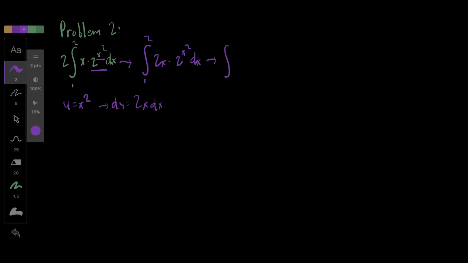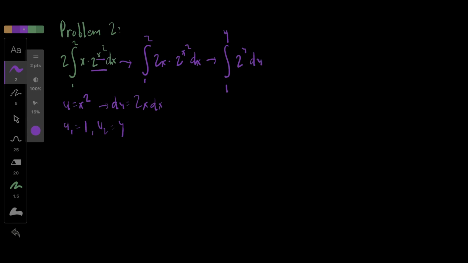So now that we have u is equal to x squared, what we do is we plug in these x values. So u1, which is the lower value, will be 1, and u2, which is the upper value, will be 4, since 4 is 2 squared. So we'll have that from 1 to 4, and then we substitute 2 to the power of u du.